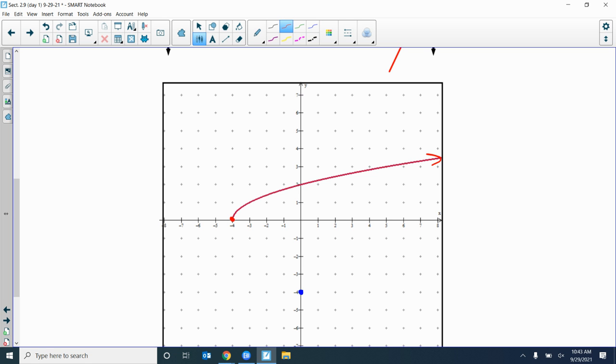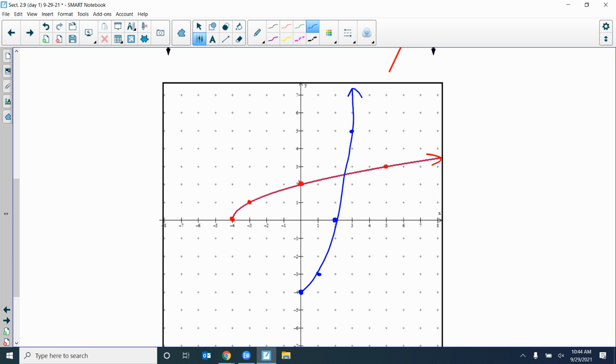I also have negative 3, 1, which should be 1, negative 3. I have 0, 2, which should be 2, 0. And it looks like 5, 3, which should be 3, 5. There's our graph.